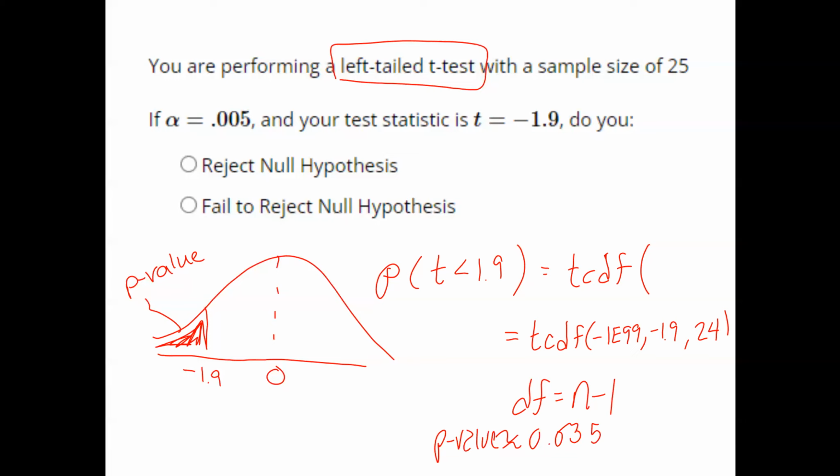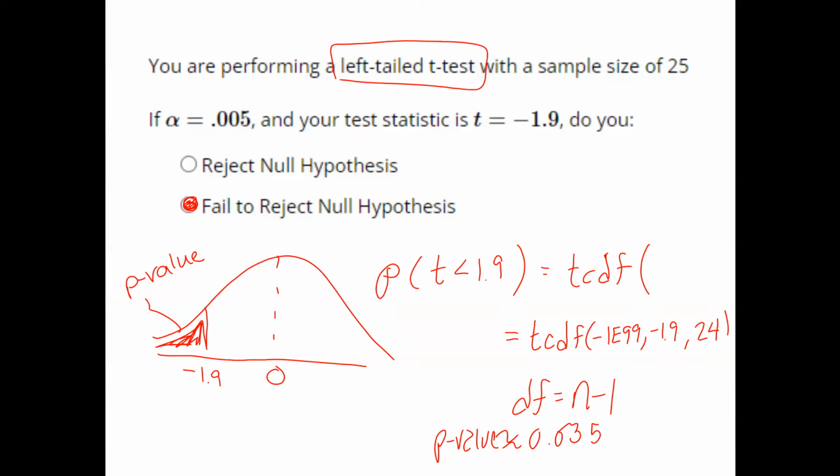So if the p is high, the null must fly. So if my p-value is larger than my alpha, I cannot reject the null hypothesis. So I fail to reject. Now, my gut feeling is 99% of you just guessed until you got it right.